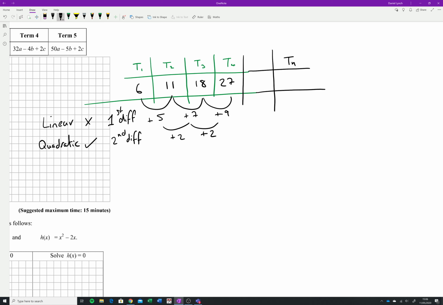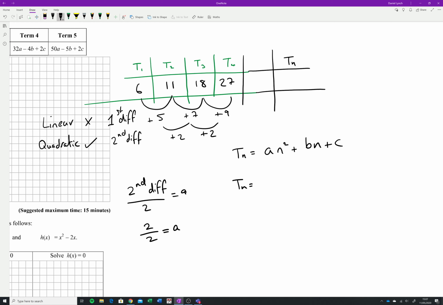So the first thing is we'll write it out as the general term an squared, they often use that, plus bn plus c. Okay. So what it is, the second difference, just memorize this one, second difference divided by 2, that's a. So our second difference here is 2 divided by 2, that's our a value.